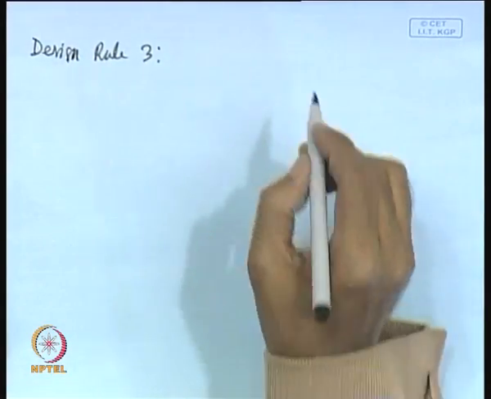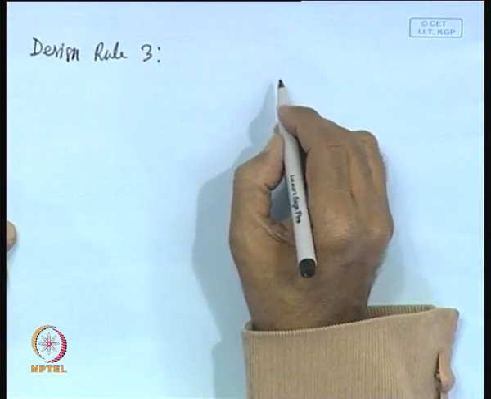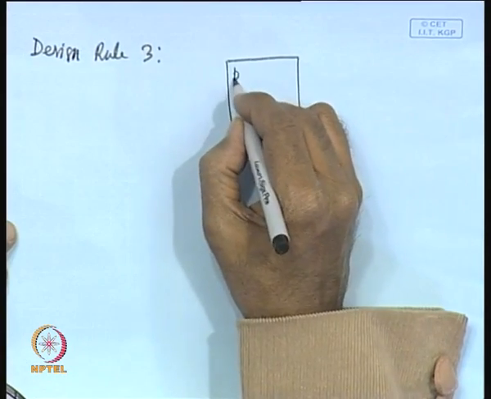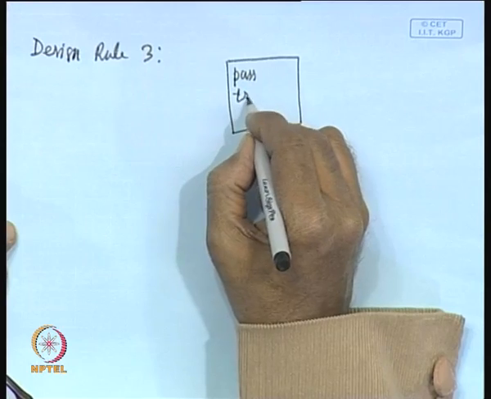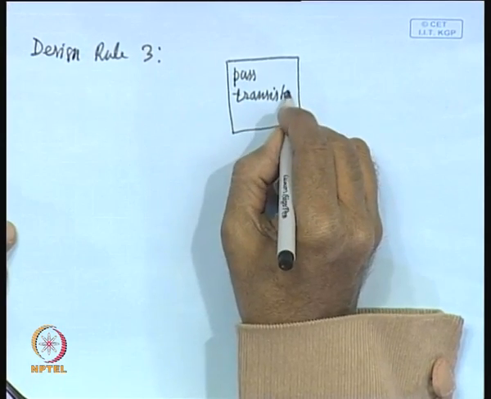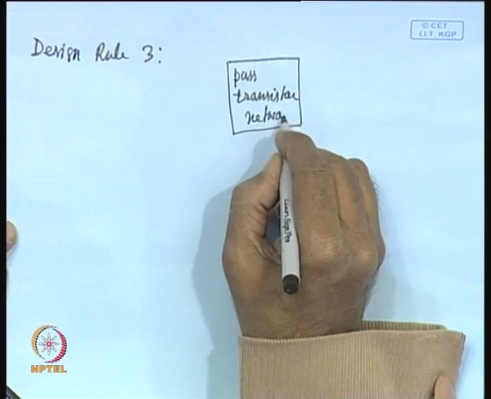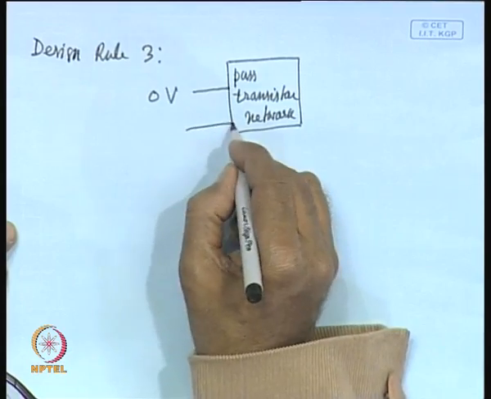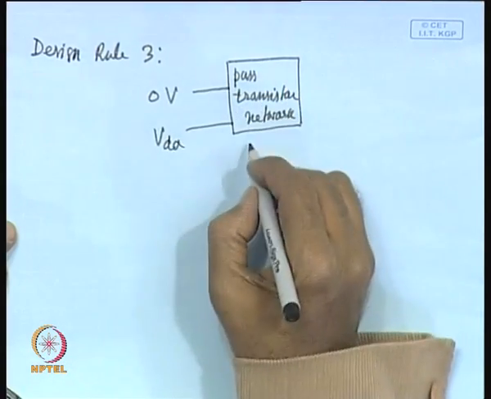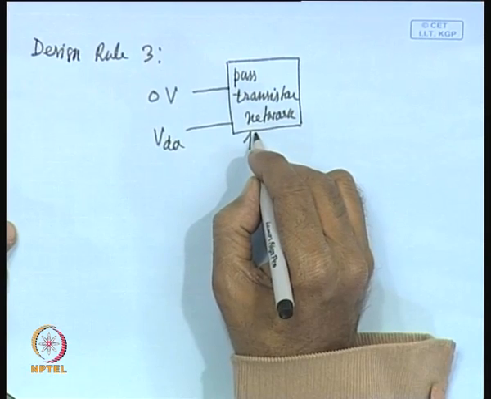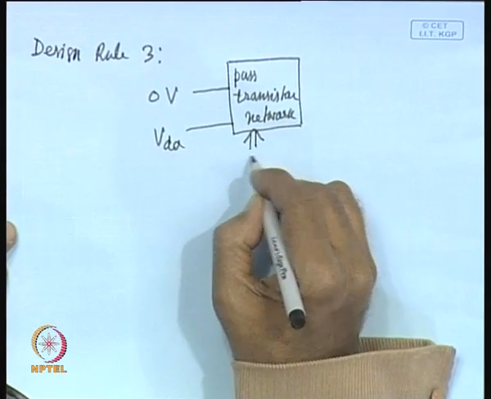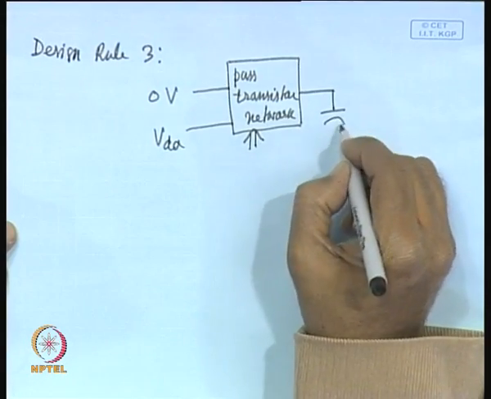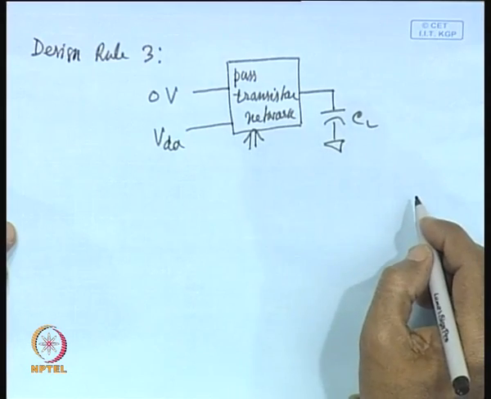Design rule 3 comes from, say, suppose this is a pass transistor network, where you will be applying 0 volt and VDD as input, and of course, those various inputs you will apply as control signals, and here it will produce output, where let us assume we have a load capacitance CL.